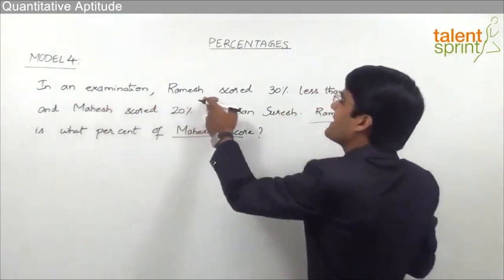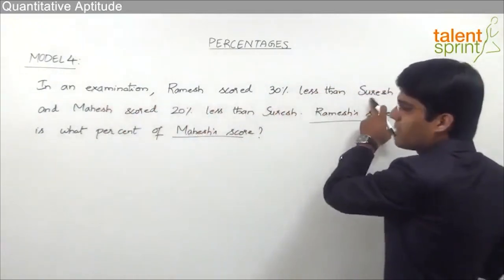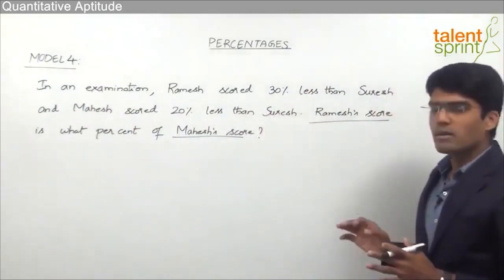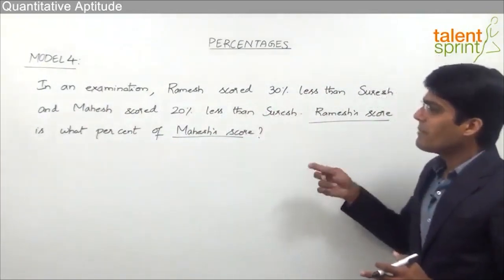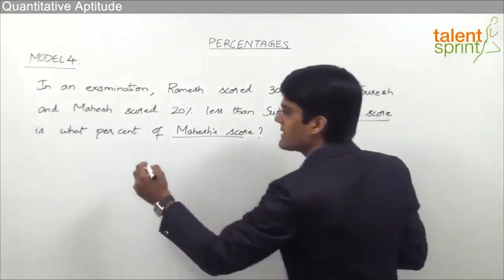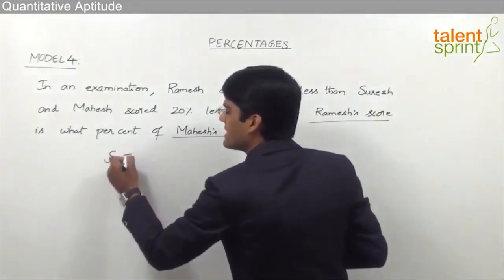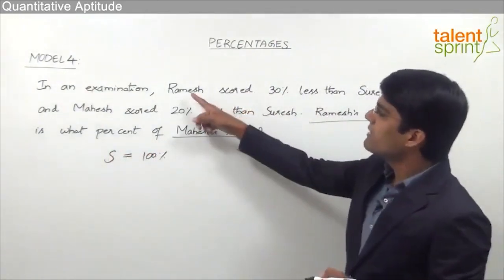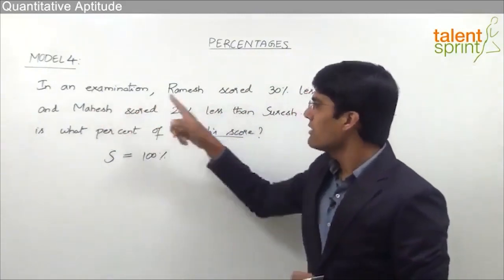Now the question says Ramesh scored 30% less than Suresh and Mahesh scored 20% less than Suresh. No way in the question either the marks of Ramesh, Mahesh or Suresh have been specified. So what we can do here is, let us assume that Suresh's score is equivalent to 100%. Why? Because we are comparing Ramesh's score and Mahesh's score with Suresh's score.